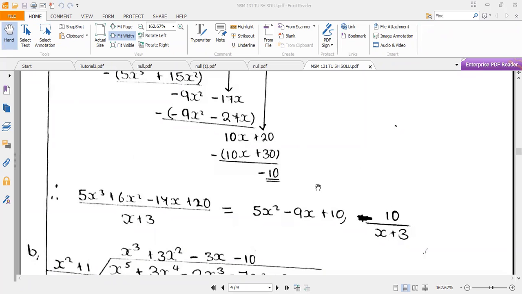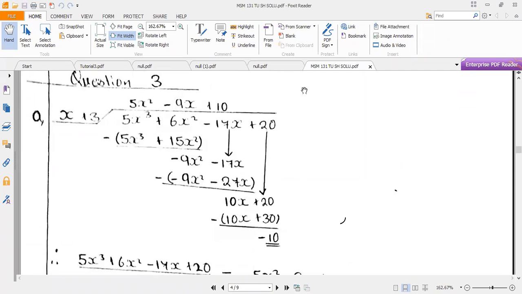Sir, Madam, can you just scroll up a bit? I'm confused there. I've gotten the part where you get the 15 from. Now starting from negative 9x squared minus 17, can you just explain a bit?